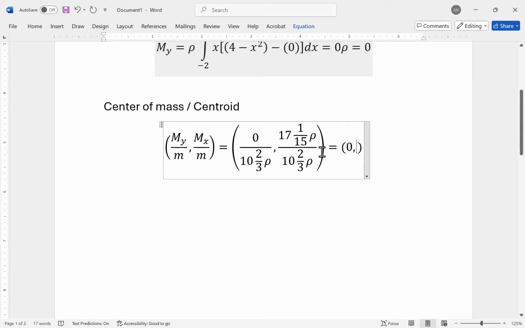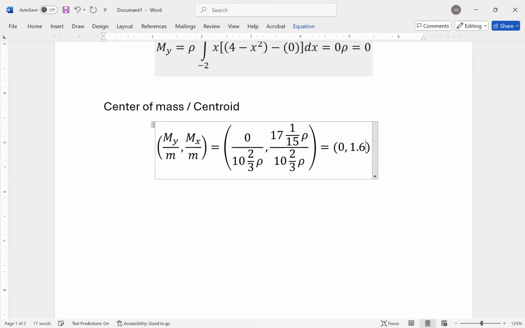If I take 17 and 1/15 and divide it by 10 and 2/3, I get 1.6. And notice, again, density over density, this rho is canceling out.